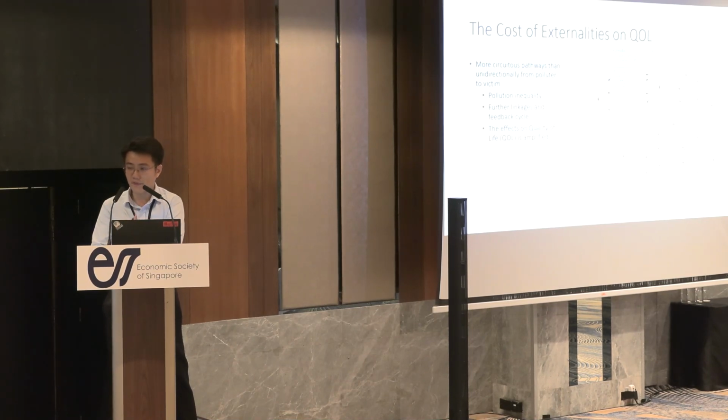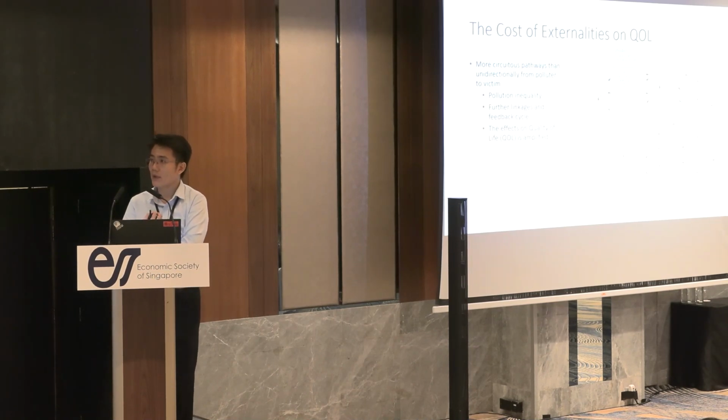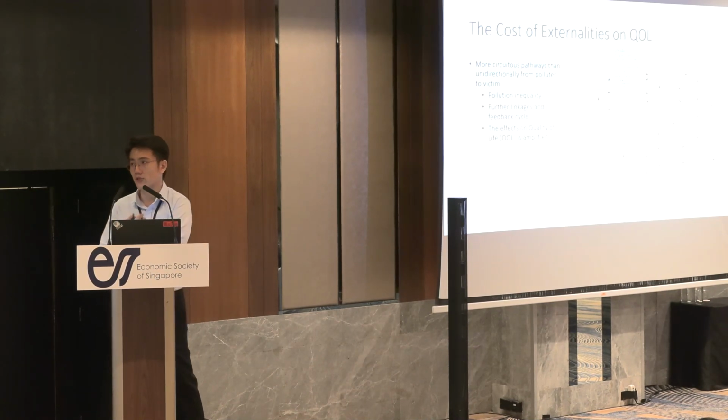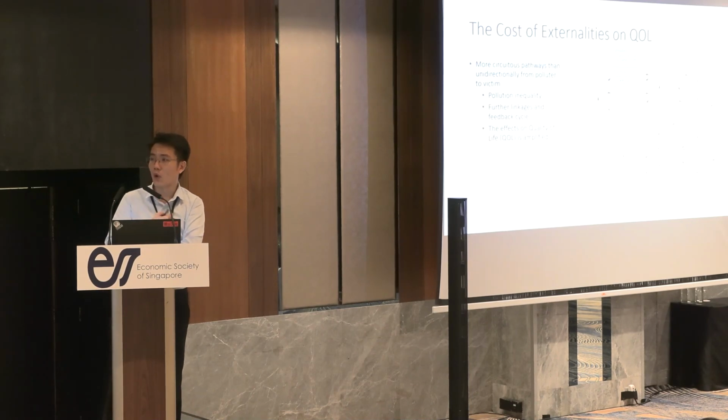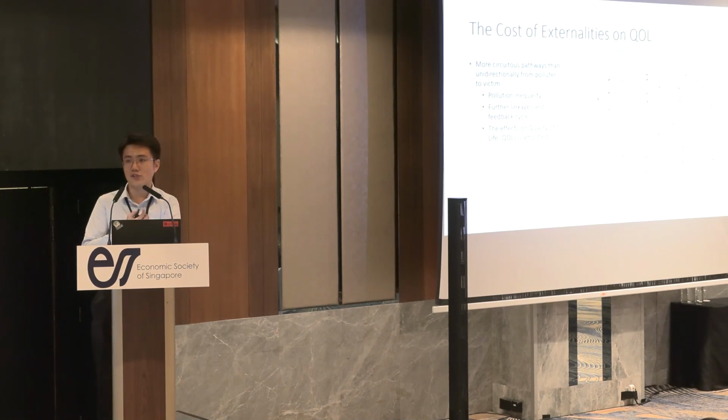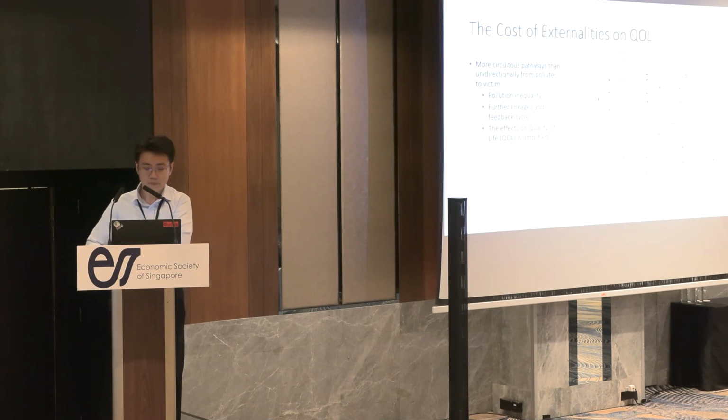And eventually there is this inequality that redistributes power back to the polluter, which results in more externality. So there is a feedback mechanism that's proposed. So the effects of negative externalities on quality of life, it's not just the net cost of externality, but there is this feedback loop that happens.